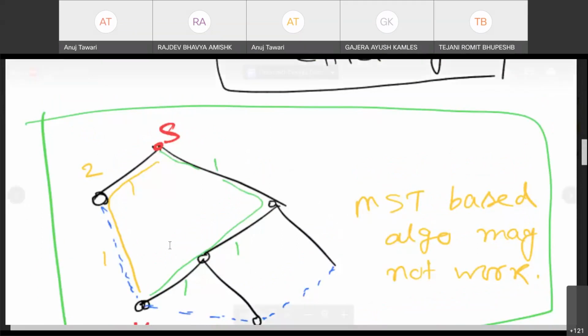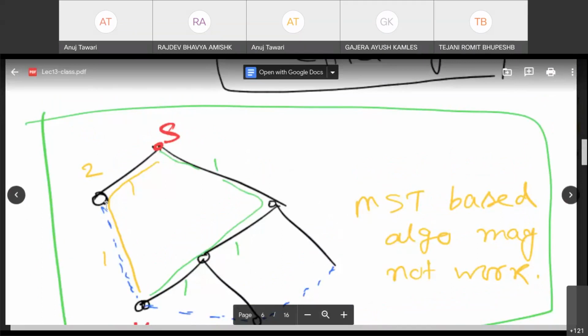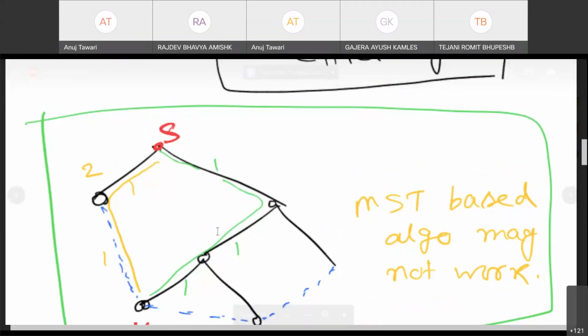If you construct a minimum spanning tree here, this is a sort of counterexample to that. The green edges are your spanning tree. But anyway, I think nobody suggested this.